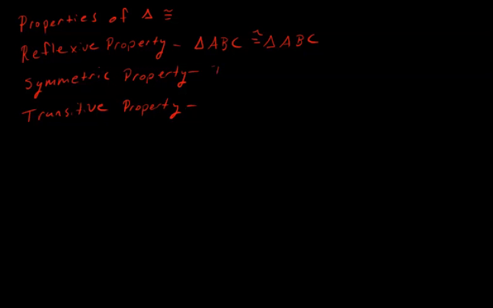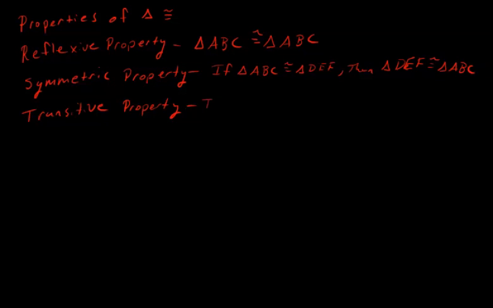Symmetric, if triangle ABC is congruent to triangle DEF, then triangle DEF is congruent to triangle ABC.